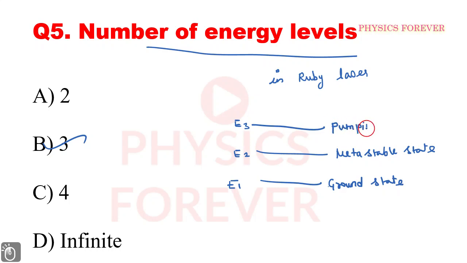That is most important. So in the ruby laser, the number of energy levels is 3. Okay, so these are all the important points and MCQs we have to remember.